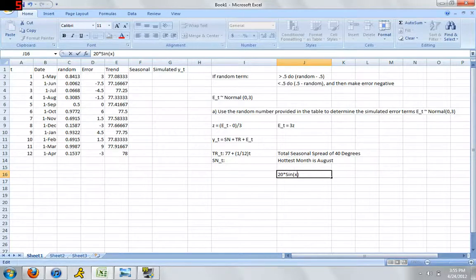We also know that the hottest month is August. From that, we can adjust the inside of our sine function to shift it so that the hottest point, which is the highest point of the sine function, will be in August. So we know that August is going to be t equals 4, right? We also know the maximum point of the sine function is going to be at pi over 2.